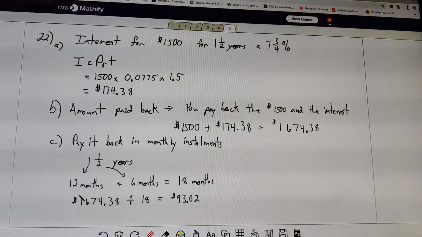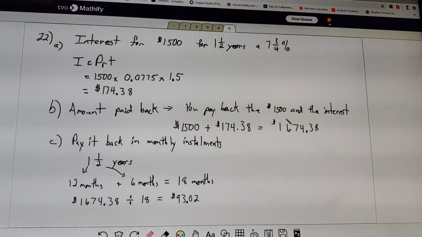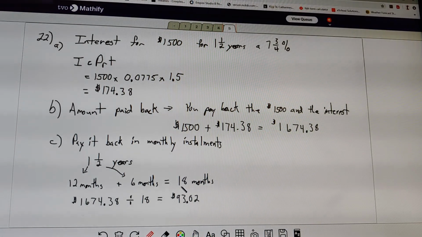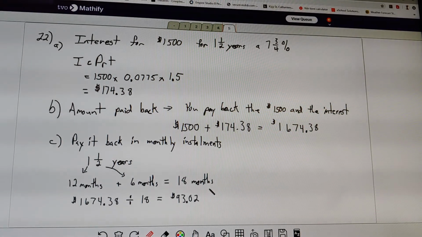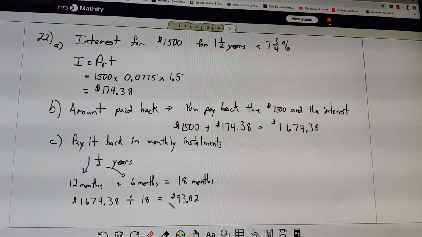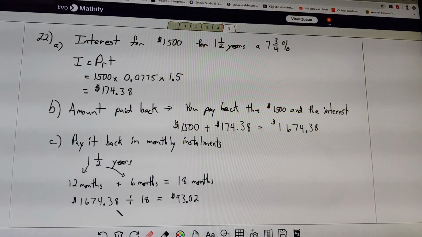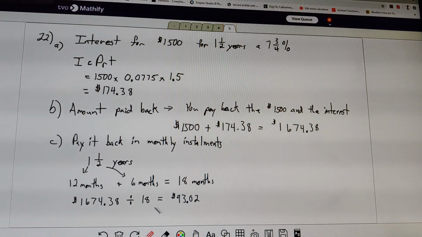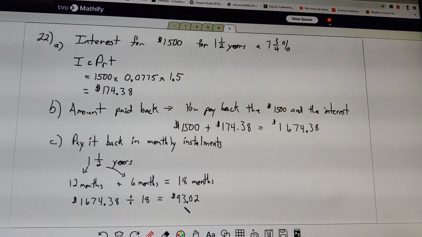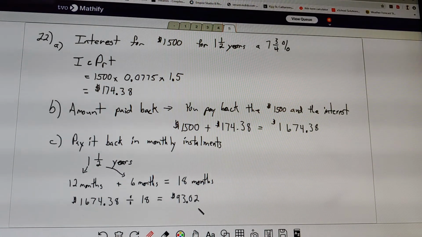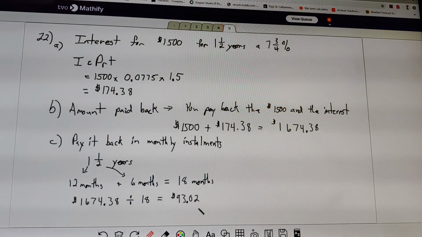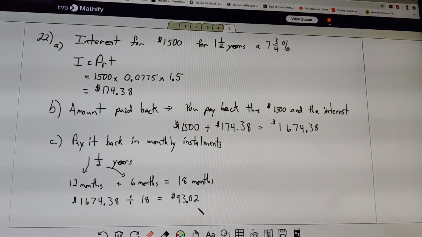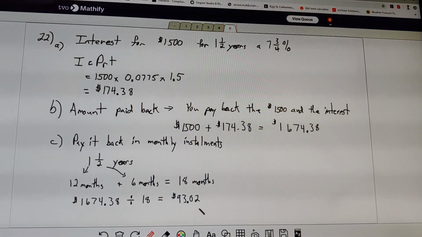So we are going to take the total amount to be repaid right here and break it into 18 equal chunks so that we're paying back the exact same amount of money for every single month that we have it. So 1,674.38 divided by the 18 months, you'd be paying back $93.02 every single month.